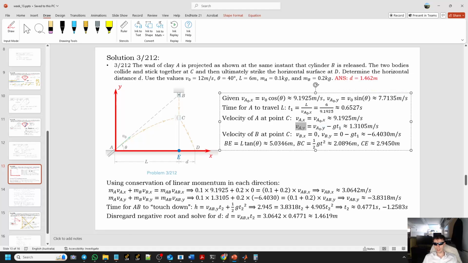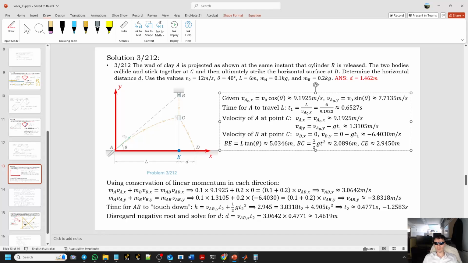And we find vA comma y. Why do we call it comma y? It means the v of the object A in the y direction. We just use these notations. And velocity of B at point C. So the initial velocity of B was 0 minus g t1.